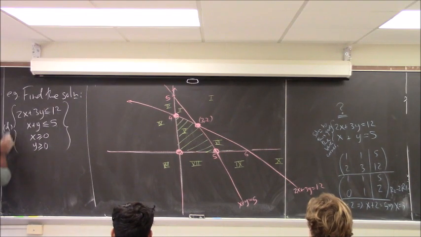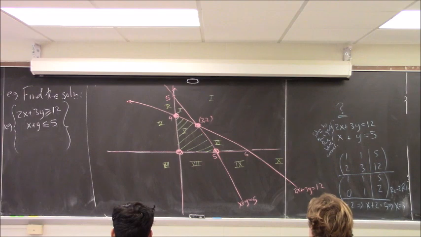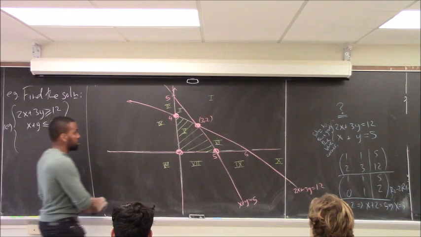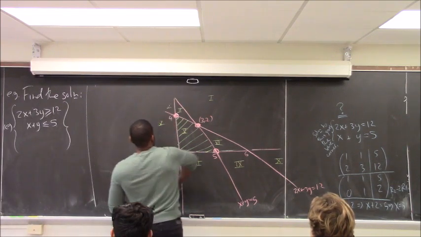For E, we took out these guys, and I believe this was greater than, yes. So the graph is going to just have 2 x's, not the vertical and horizontal lines.